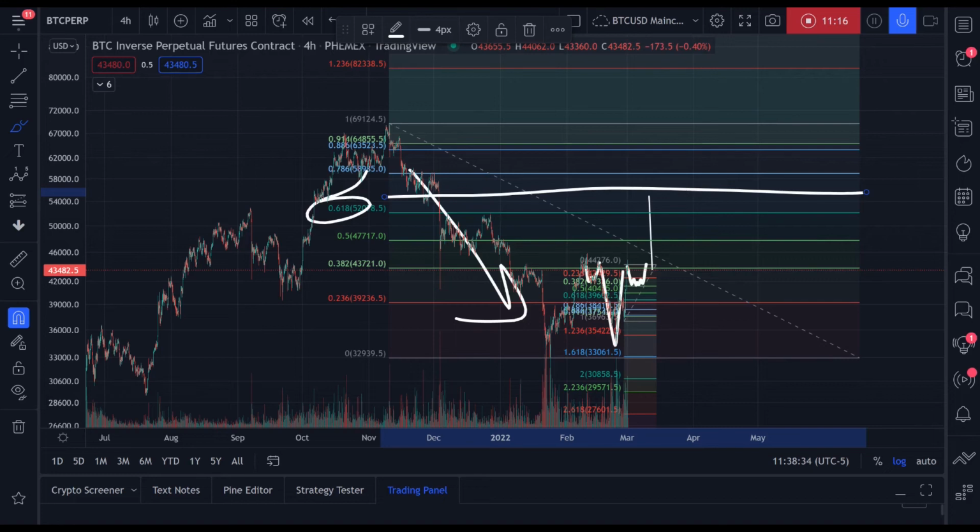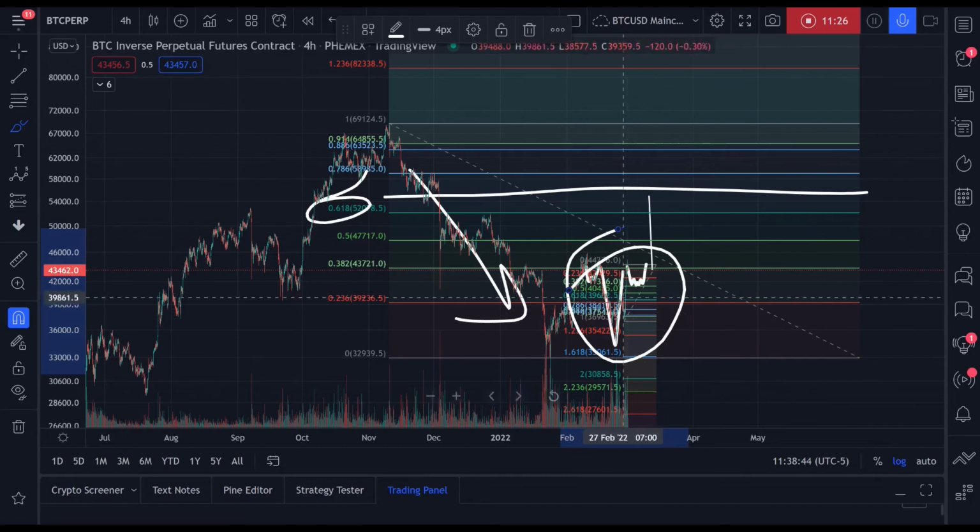So that's why I think that this inverse head and shoulders is the more likely pattern to play out in our move to the upside, and that we will get a wave 5 that's extended beyond a regular wave 5 extension, which is just the 618 of wave 3, right? But our wave 3 just extended to between the 1 and the 1.236, which then sets us up for an extended wave 5 because we got a relatively short wave 3.